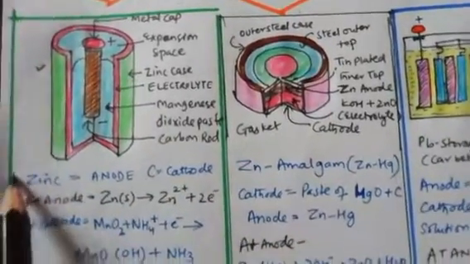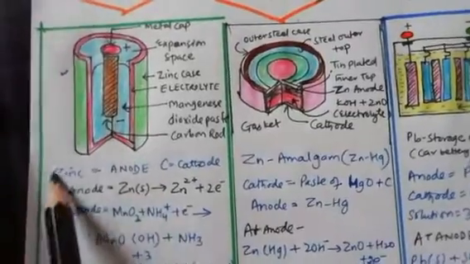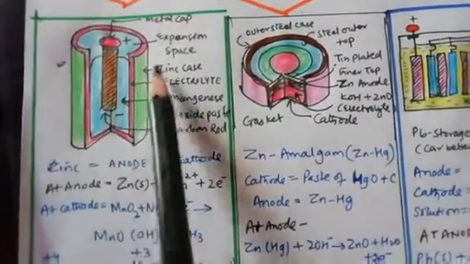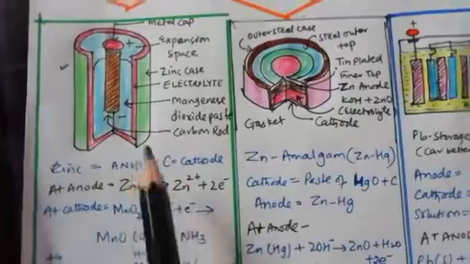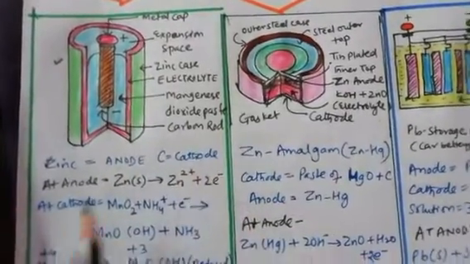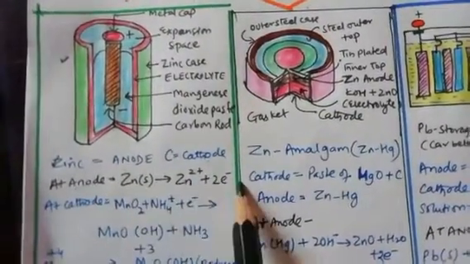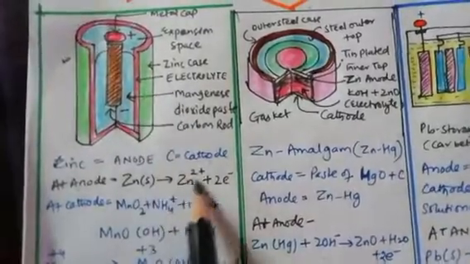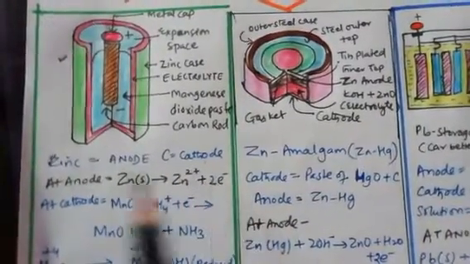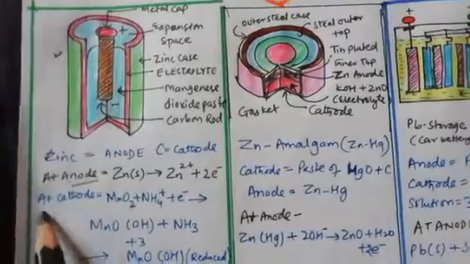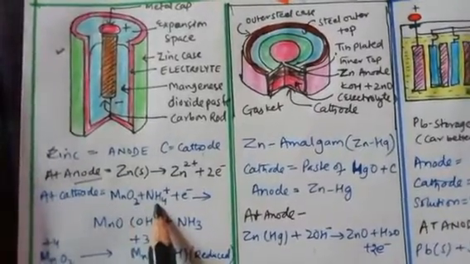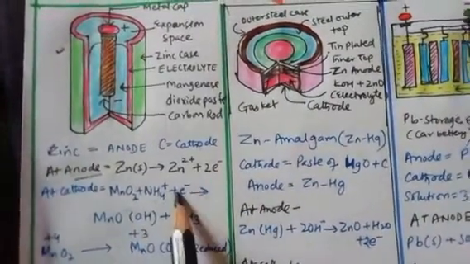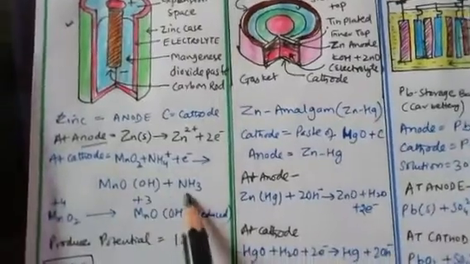In this cell, zinc behaves like the anode and carbon behaves like the cathode. At the anode, the zinc case loses 2 electrons. Loss of electrons means oxidation occurs at the anode. At the cathode, manganese dioxide and ammonium ion gain electrons and form manganese oxide hydroxide and ammonia gas.